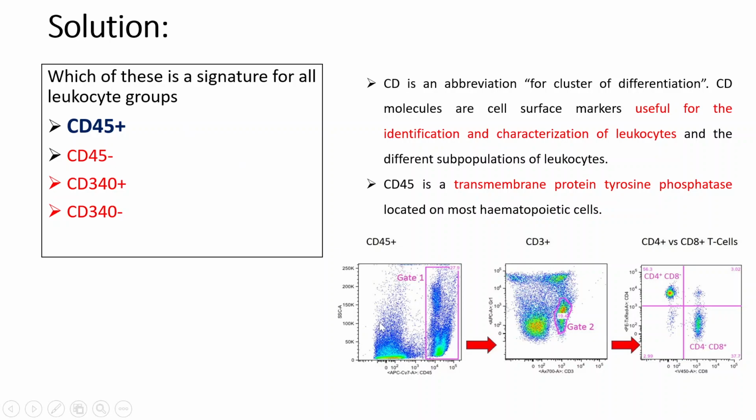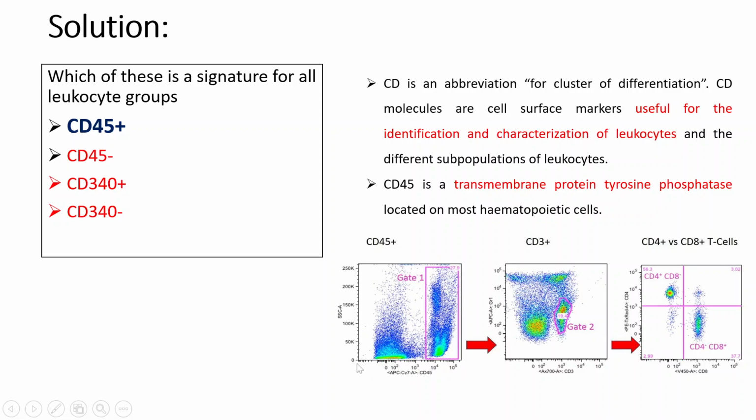As you can see in the figure given here, in this experiment we have used an antibody which is conjugated with a fluorescent dye. Here we have used the antibody directed against CD45, so an anti-CD45 antibody that is conjugated with the dye APC-Cy7.